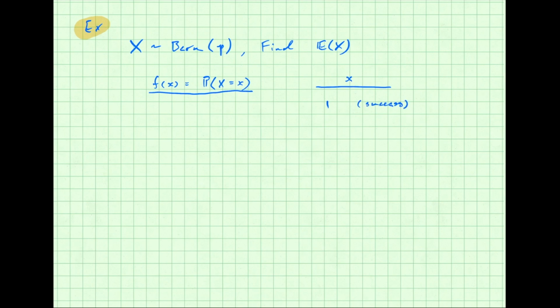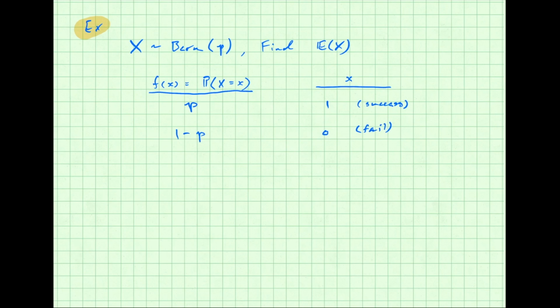It's just a name. And it can take on the value 0, which we call a failure. The probability of success is p, so not surprisingly, that's there. And the probability of failure is just 1 minus p.